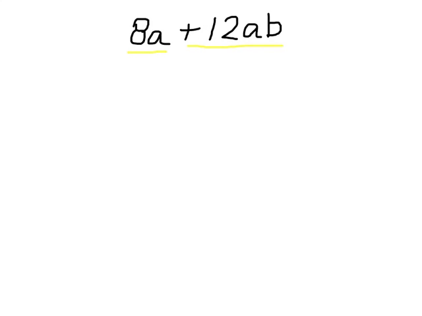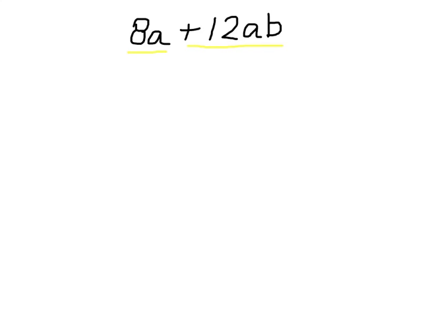So first step is to find the highest common factor. Now sometimes with these there's a few extra factors and we've just got to take a little bit more care. So factors of 8a, we've got 2, 4 and 8 and a. Okay, so we've got to keep them in mind. For 12ab, we've got 2, 3, 4, 6 and 12, and then a and b.